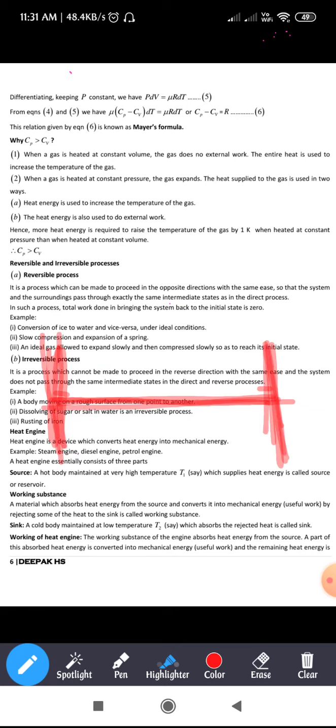When the system undergoes the direct process from here to here, whatever changes have occurred should occur in the same way when the system comes back to its initial state. That is called a reversible process.